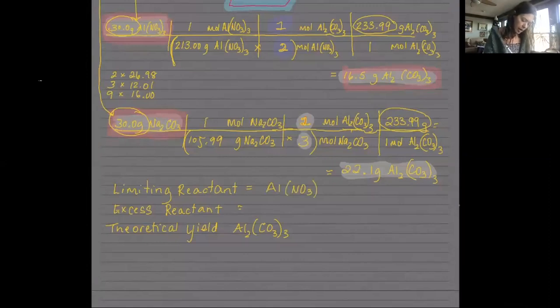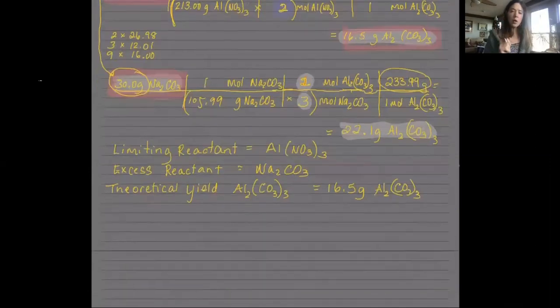The excess reactant was our other reactant, that is your sodium carbonate. Our theoretical yield is the smaller of our two answers. It is the yield of our limiting reactant. That is 16.5 grams. Grams of what? Aluminum carbonate, Al2(CO3)3.